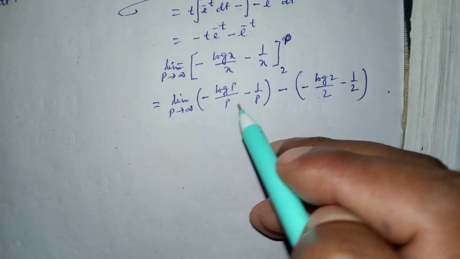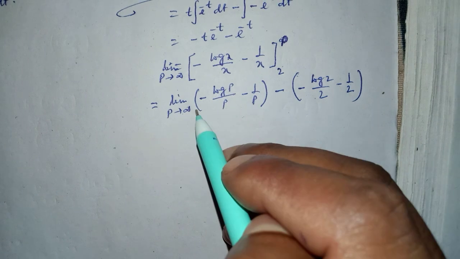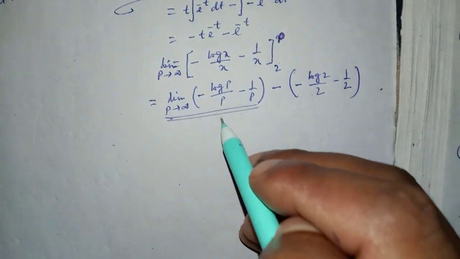And limit p tends to infinity of 1 by p means 0, so this part is 0.